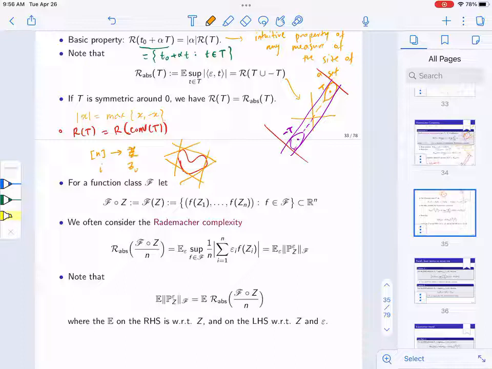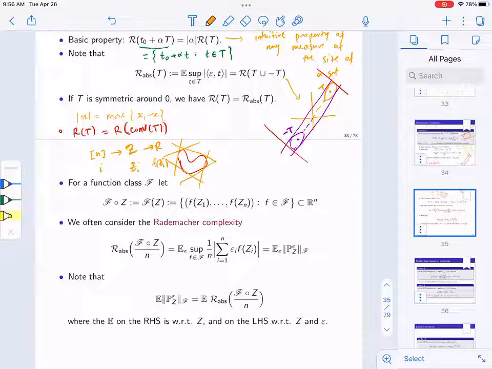This is like the script Z. So this is a function that maps indices to Z's, and then composing with F, you map this to reals. That's the F of Z_i. So we are composing basically these two functions. That's the good notation.